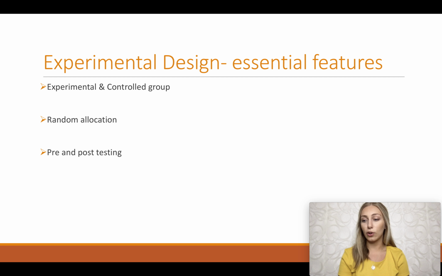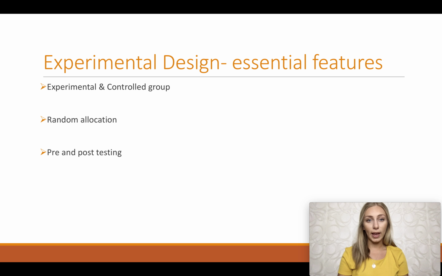This group is also known as the experimental condition because you are experimenting with this group. The experimental group is also the group the experimenters are really interested in because this is where you're going to see a change in the way that the group is behaving because you are experimenting with their consumption of breakfast, for example.